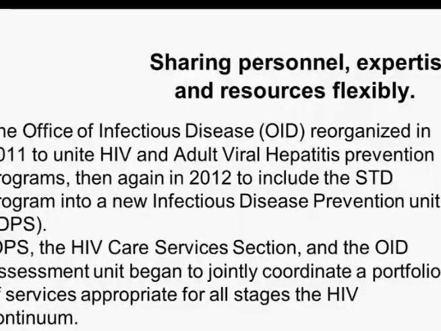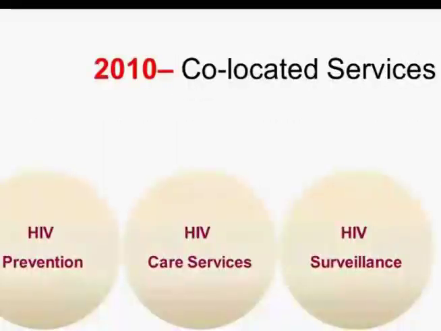And in the Office of Infectious Disease here, the Infectious Disease Prevention Services, HIV Care Services section, and the Assessment Unit then began to jointly coordinate a portfolio of services appropriate for all stages in the continuum.